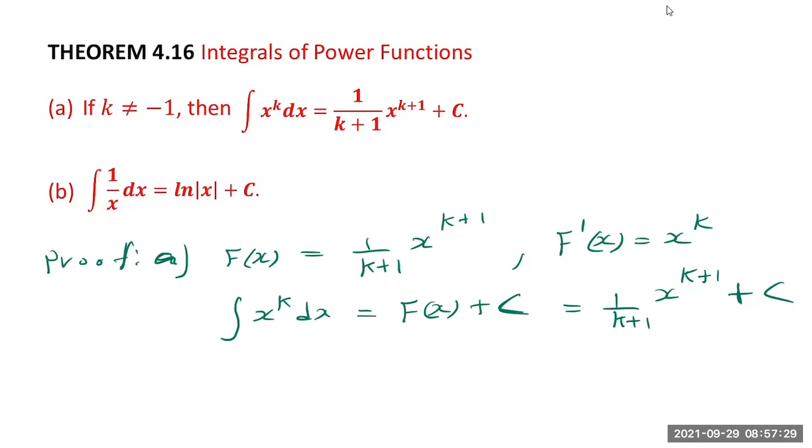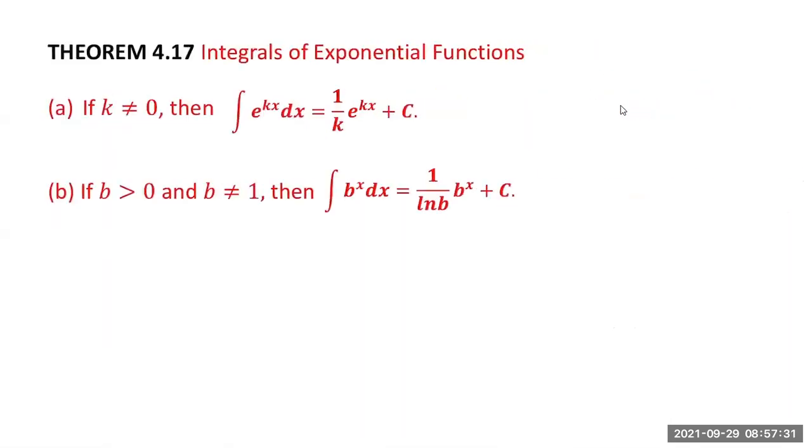All right, let's move on. We have many formulas in several theorems. Theorem 4.17, integrals of exponential functions. If k is not equal to 0, the indefinite integral of e to the power kx is 1 over k times e to the power kx plus a constant.